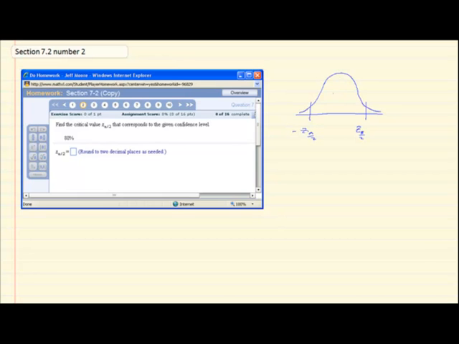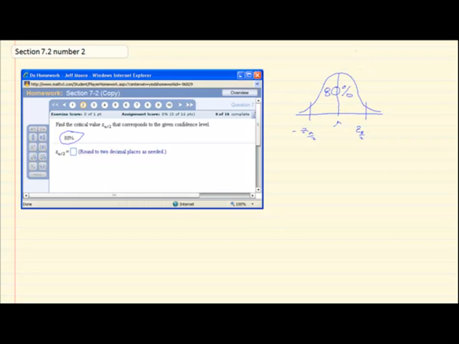And what we'd have then, of course, the mean for a normal distribution is right here, dead center. And 80% of the entire distribution would lie between this Z value and its opposite. That's what it says here, 80% confidence level.